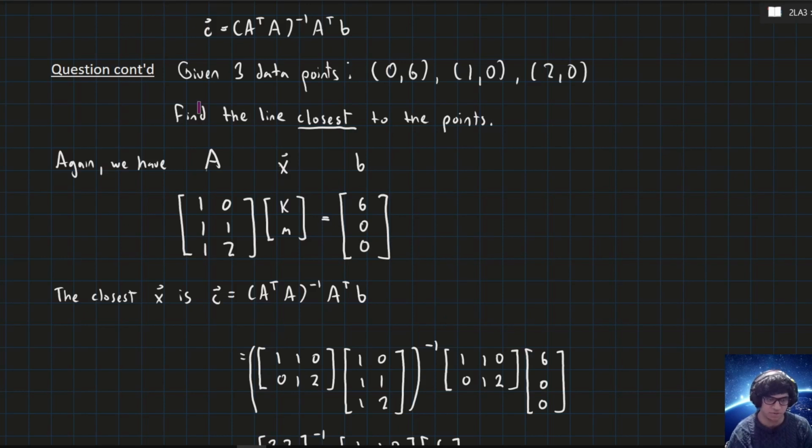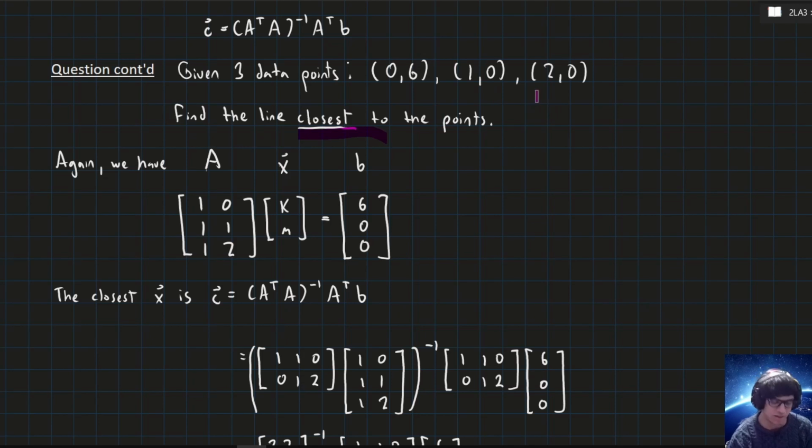So let's revisit our example with the 3 data points. We know there's no line that goes through all 3 points. It's impossible. So our more refined question is: find the line closest to the points.